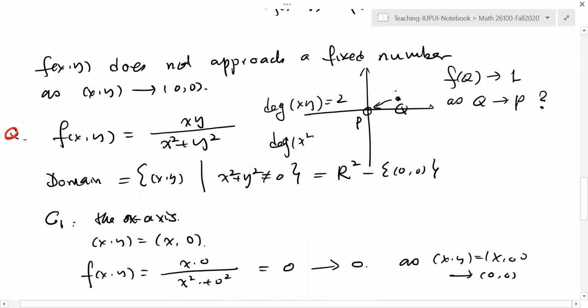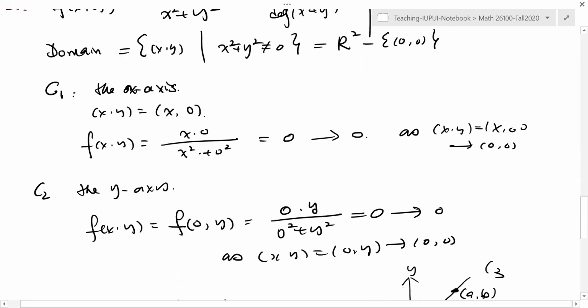Degree of x squared plus y squared equals 2. So they are approaching 0 at the same rate. Same rate does not mean exactly the same way. Maybe one is faster, one is a little bit slower. So the quotient approaches different numbers.